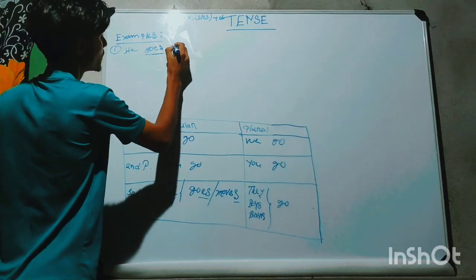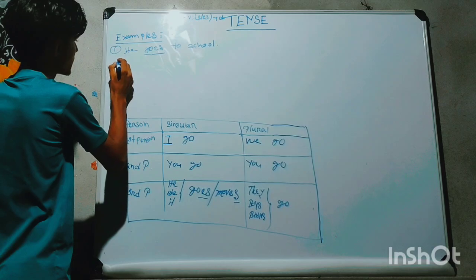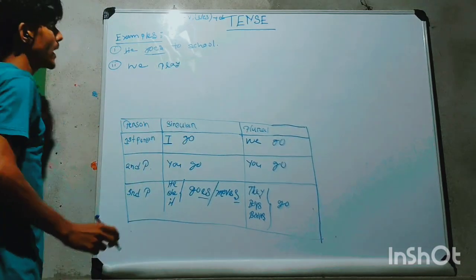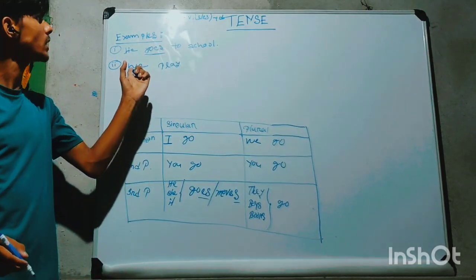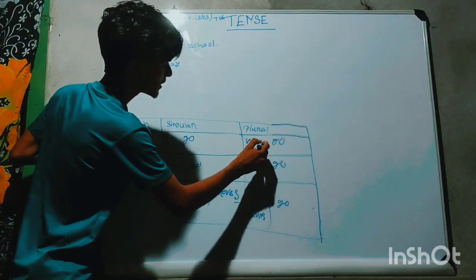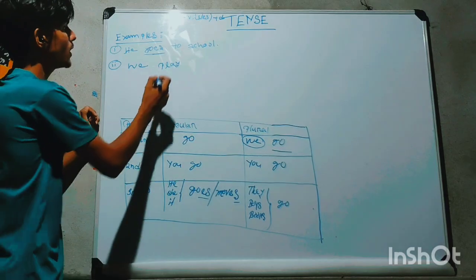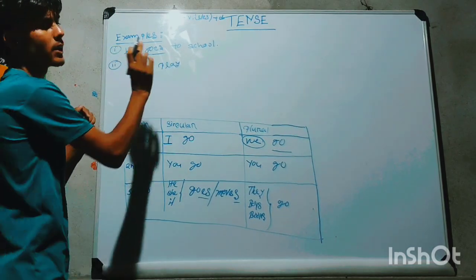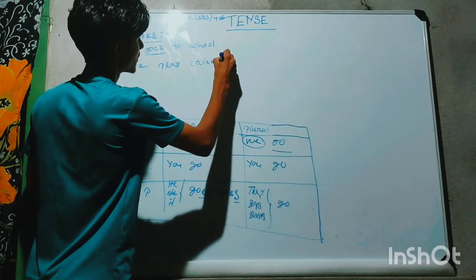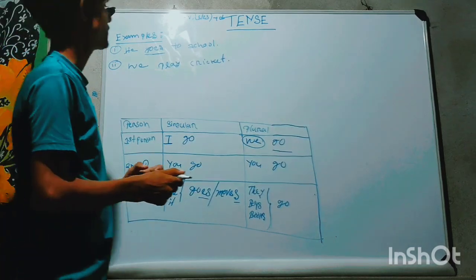He goes to school. Next, we play. We have written the subject as we, verb 1 play. We is a first person plural number, so we do not use s/es. We only put verb 1, and we have already put it. So, we play cricket. These are examples of present tense.